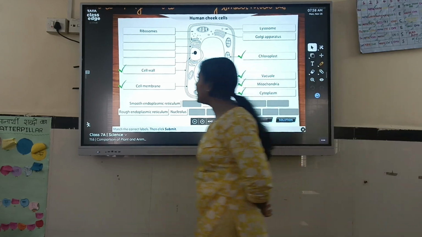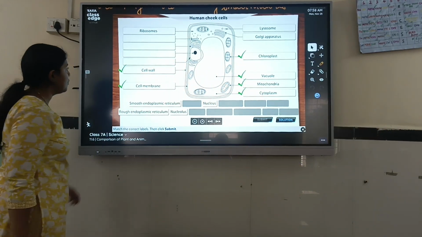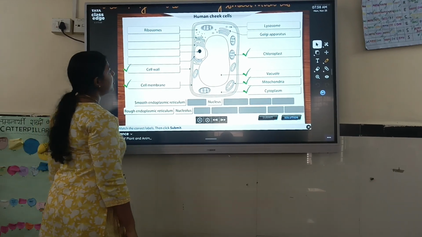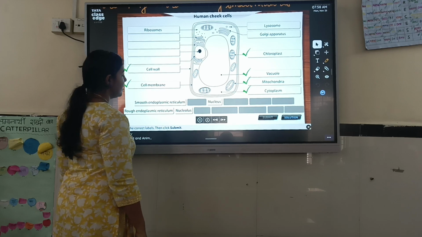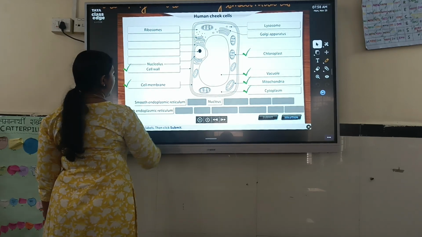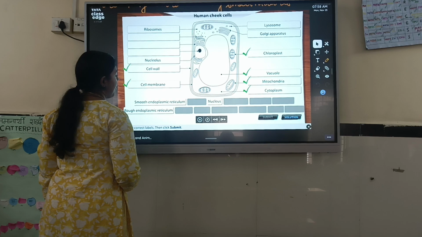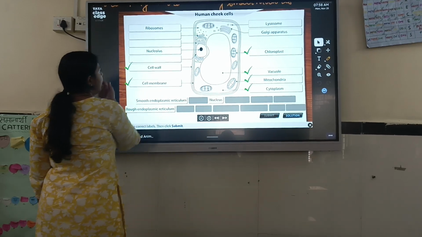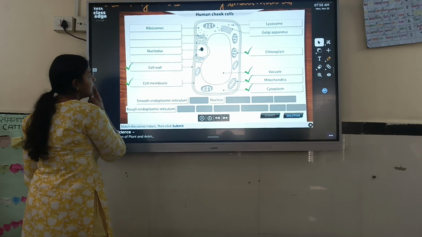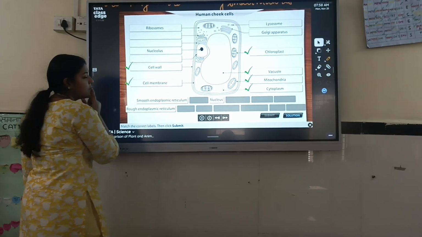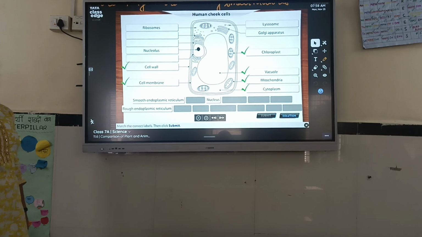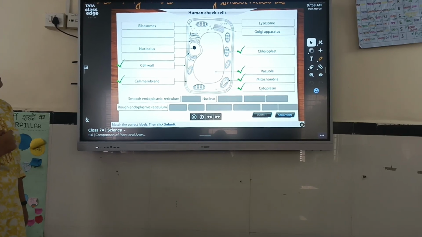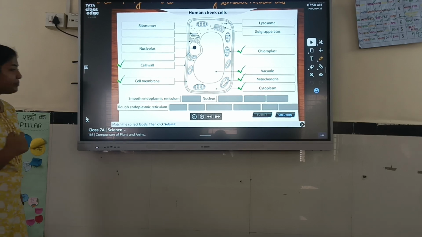Now to the left side. Fourth one is nucleus or nucleolus? Nucleolus. Okay. Then second one is rough endoplasmic reticulum.